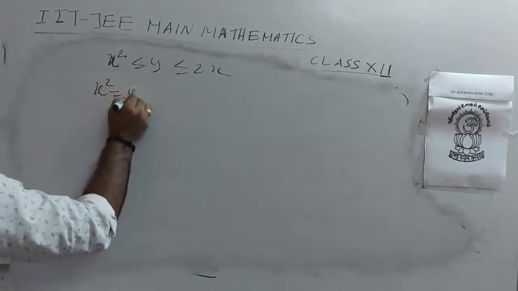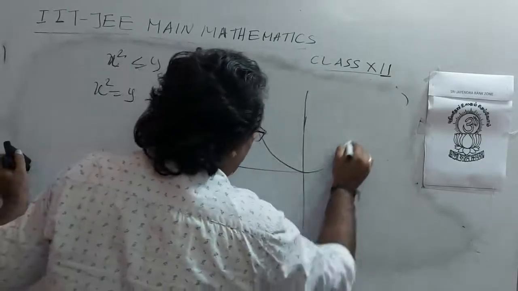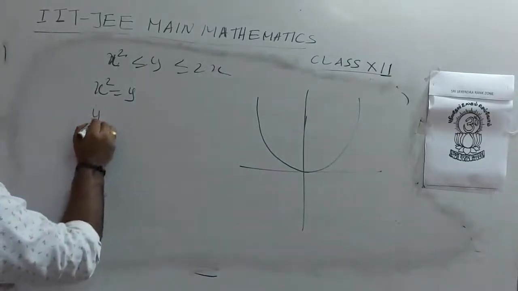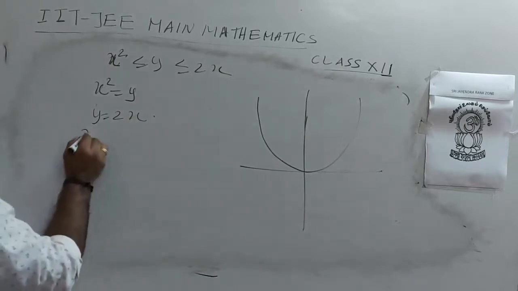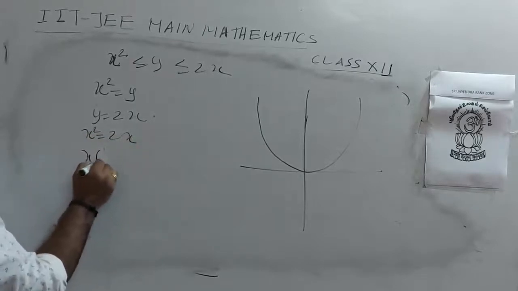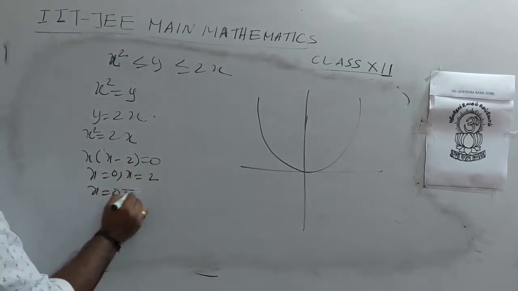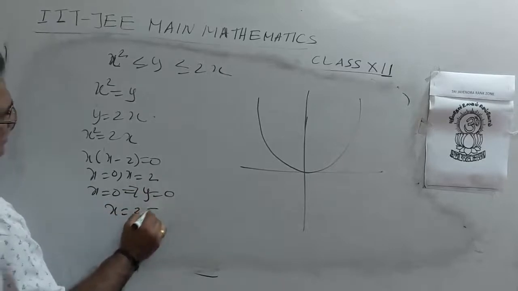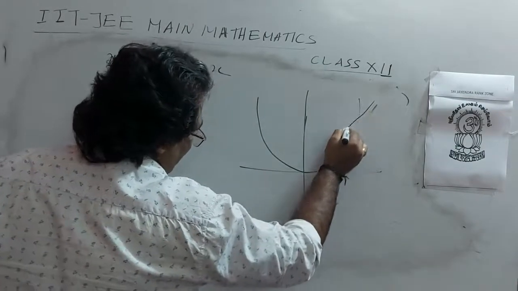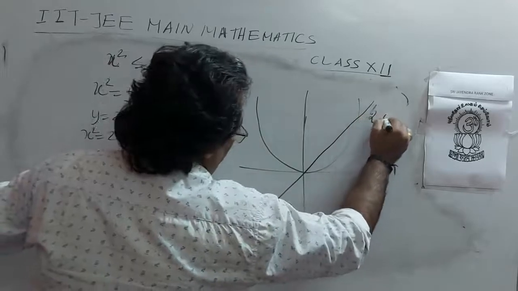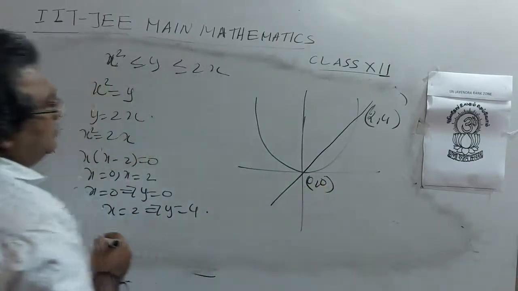So x² = y, that is open upward. y = 2x. x² = 2x, x(x − 2) = 0, x = 0, x = 2. x = 0 implies y = 0. x = 2 implies y = 4. Points (2, 4) and (0, 0).